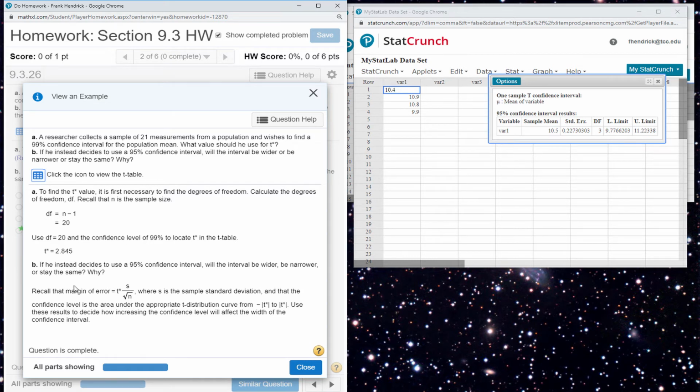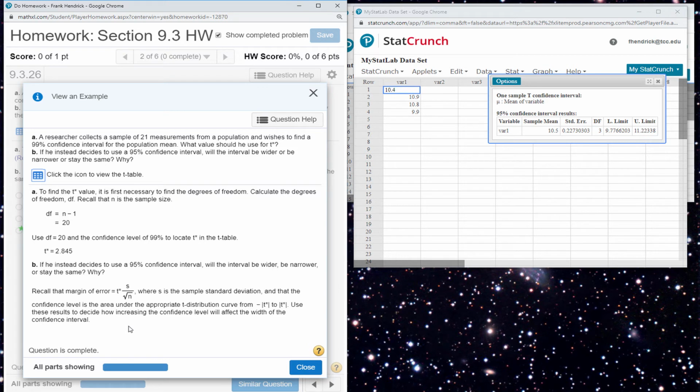Okay. So if in part B it decides to use a 95% confidence level, will it be wider, narrower, or the same? It'll be narrower. Think of it as a net. A 99 net will catch more than a 95.